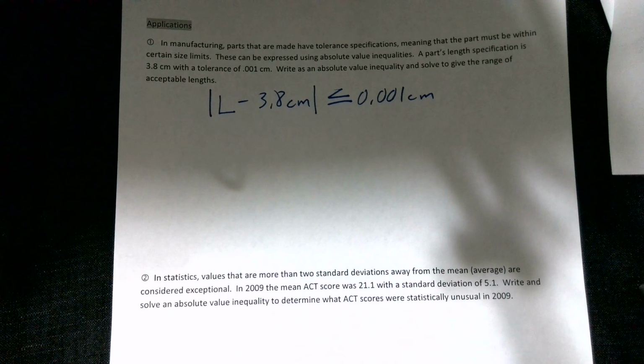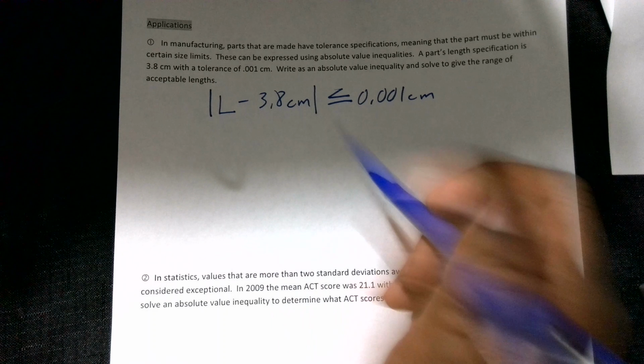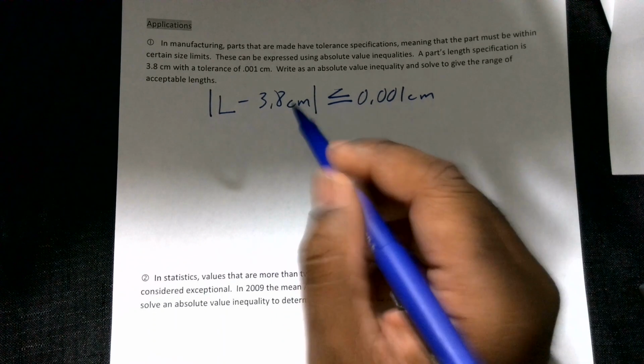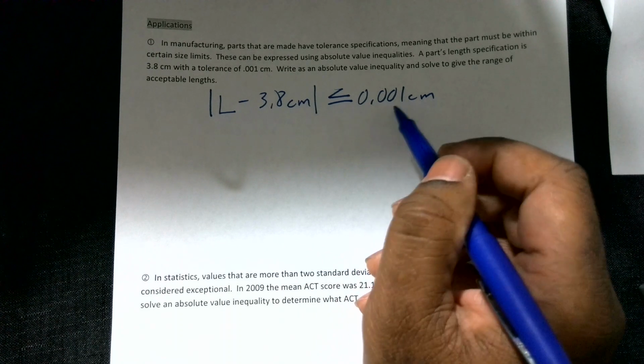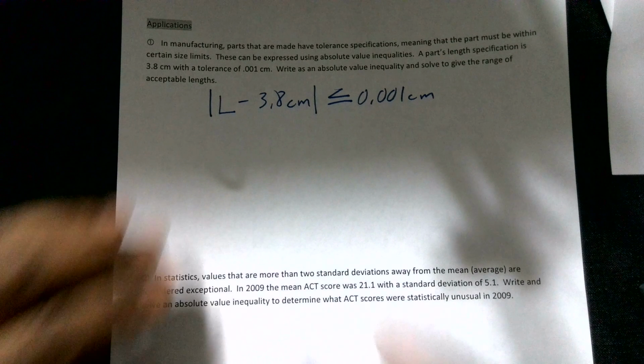Because whatever values we put in for the length, we have to subtract 3.8, which is considered to be the specification, but it cannot be greater than 0.001 above that. So your length could be less than, but it can't be greater than 0.001 after it comes out of the absolute value.